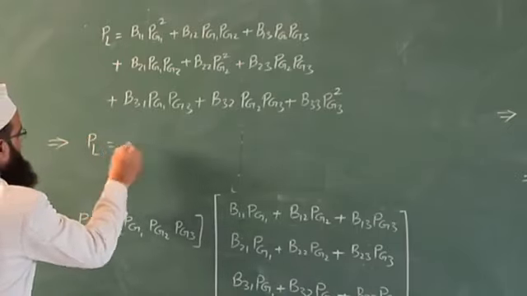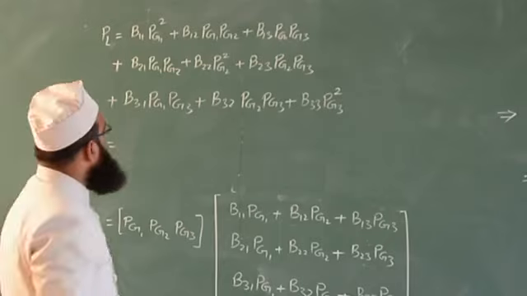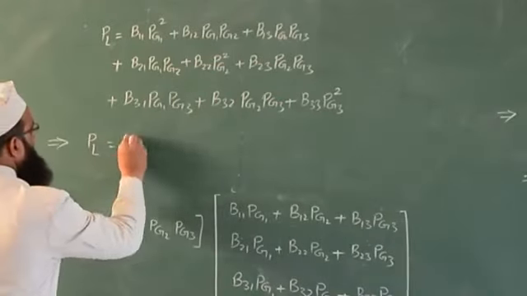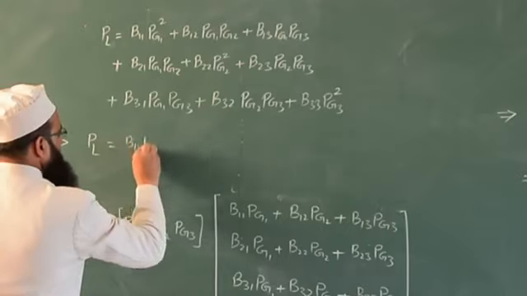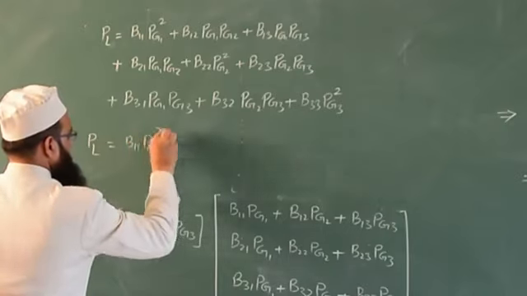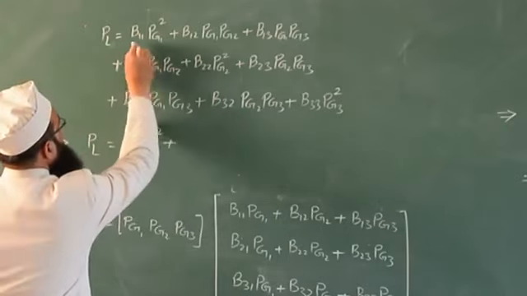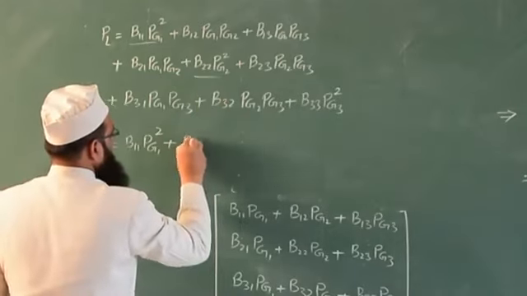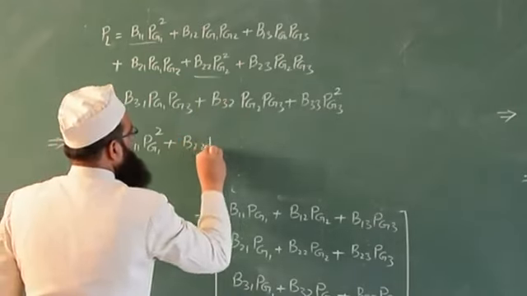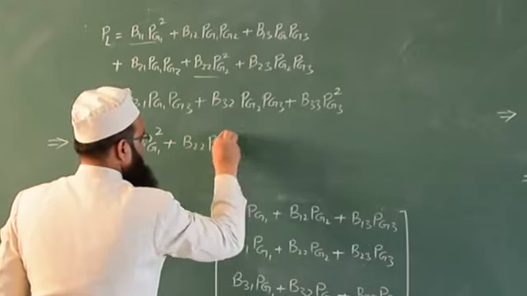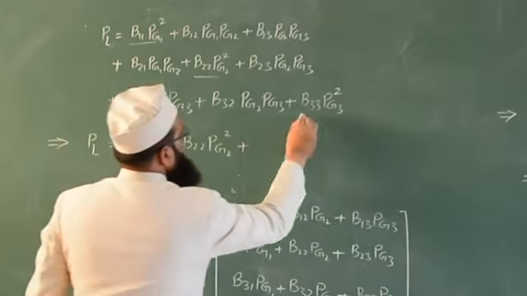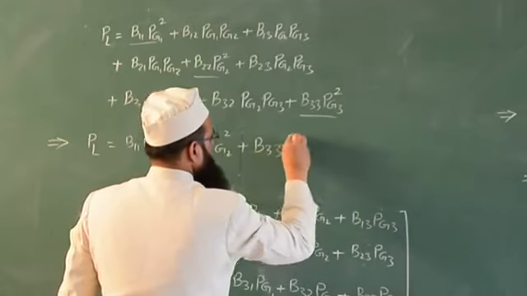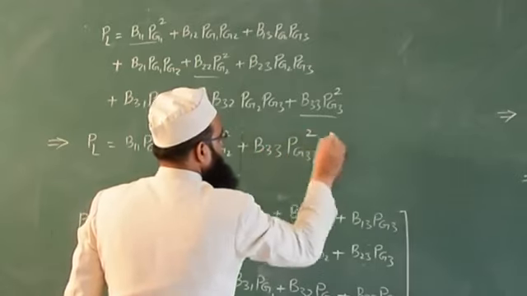This implies the total transmission loss can be written as, taking the square terms initially, B11 PG1 square plus B22 PG2 square plus B33 PG3 square.